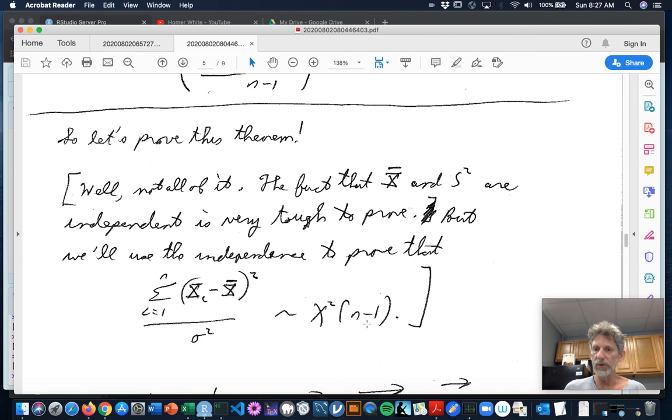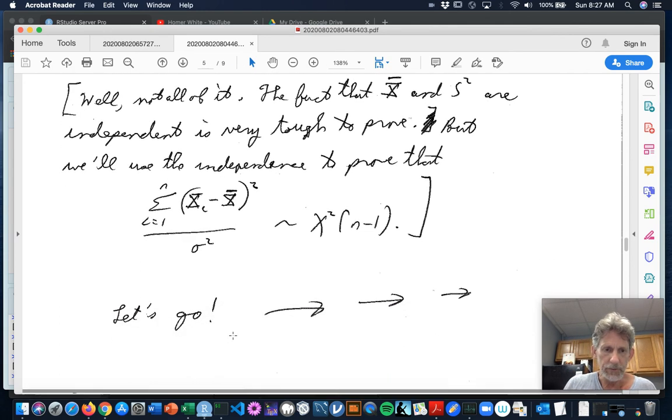So we're going to prove that. And I'll tell you right up front what our strategy is. We're going to use the moment generating function technique. We're going to come up with the moment generating function for this doohickey, okay? And we'll find that it's the moment generating function for a chi-square with n-1 degrees of freedom. That'll clinch it.